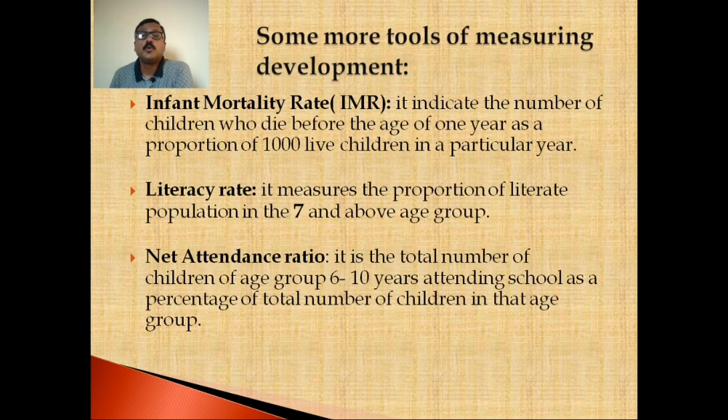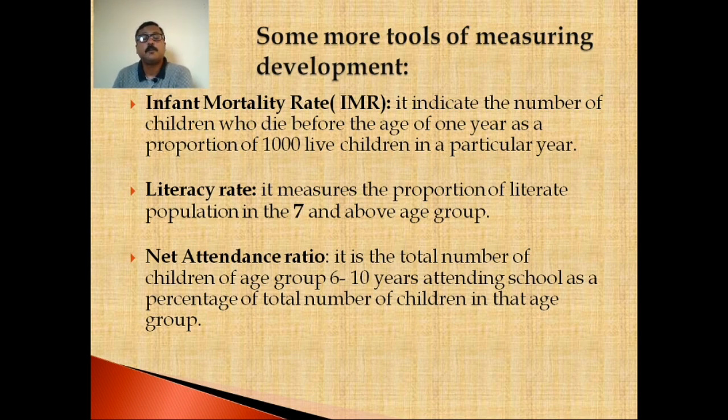Now some more tools to measure development. Number one is infant mortality rate. Infant mortality rate indicates the number of children who die before the age of 1 year as a proportion of 1000 live children in a particular year. So infant mortality rate also indicates the level of development.